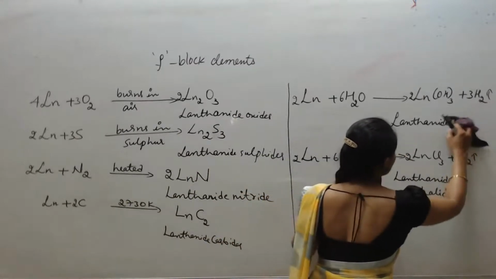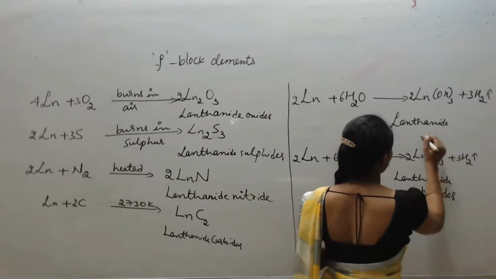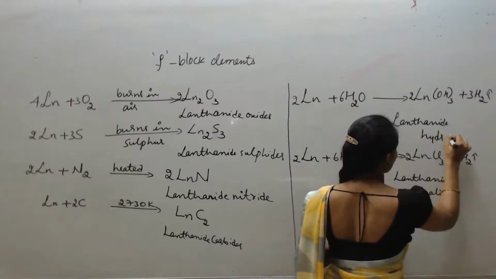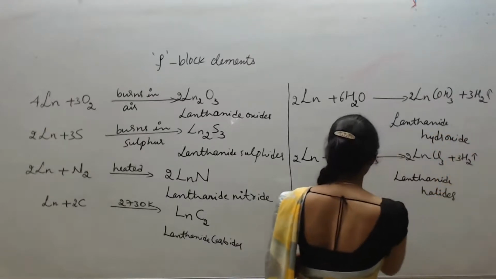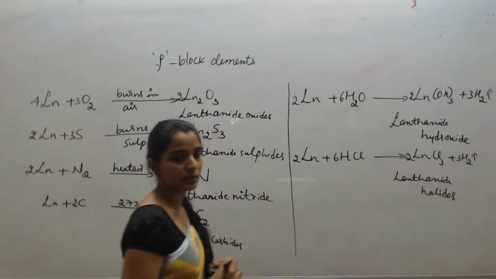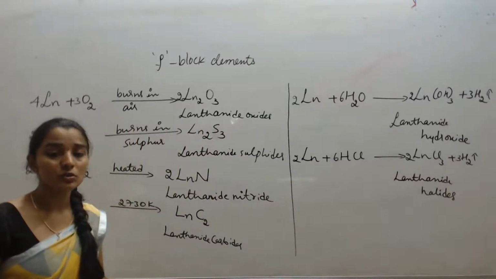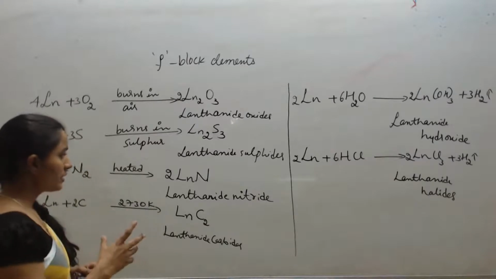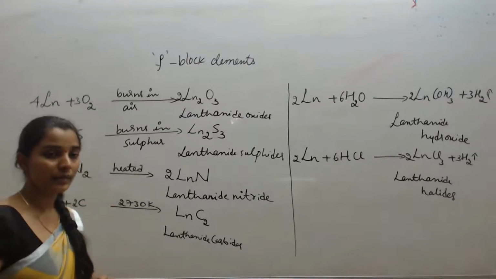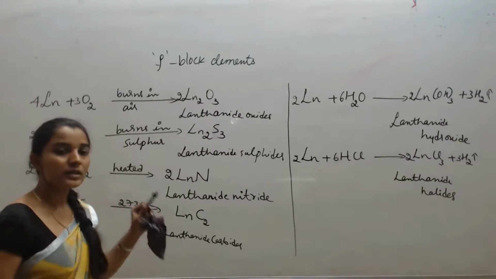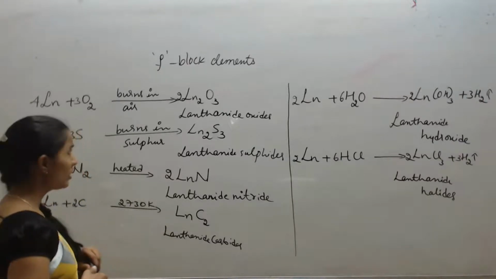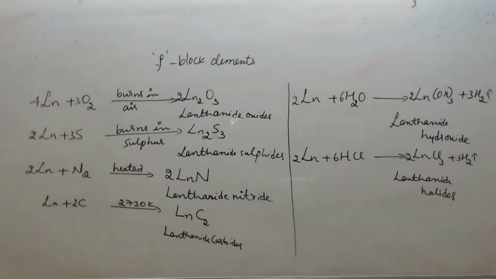This is not oxide, this is hydroxide. And here it is halides. In the place of lanthanum, you may choose any element from the lanthanide series. They react in the same manner. This is all about the lanthanides.